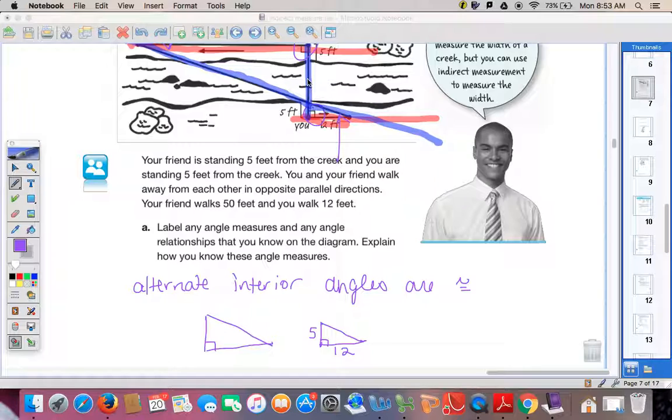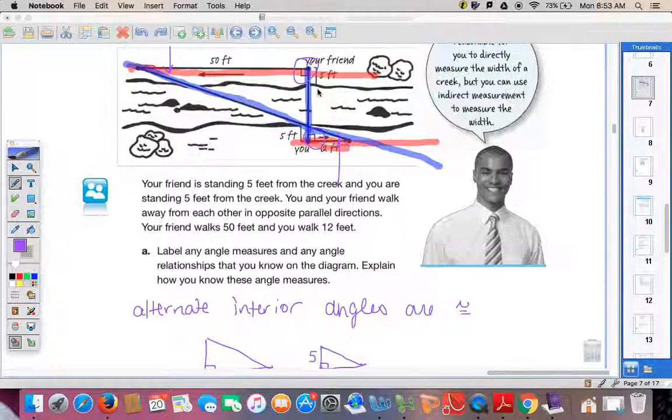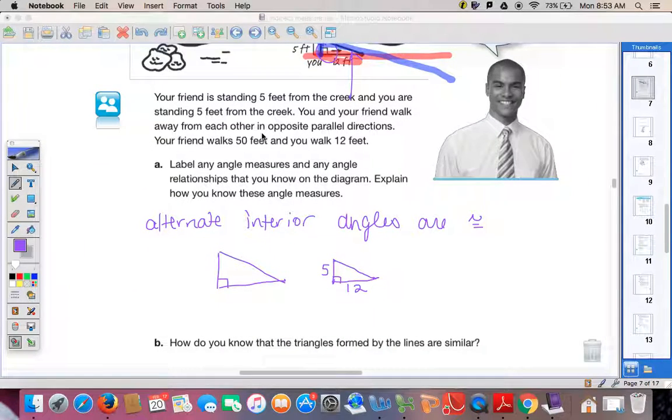But on this side, we've got to take into account the whole river, right? We know that this little piece is 5 feet, but we don't know this entire distance. But what we do know is this distance here is 50, so that's going to correspond here at 50. We know these are similar triangles because this angle here and this angle here are congruent based on alternate interior angles, and then we have this 90-degree angle right here.